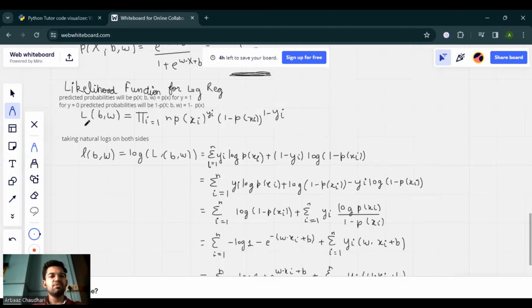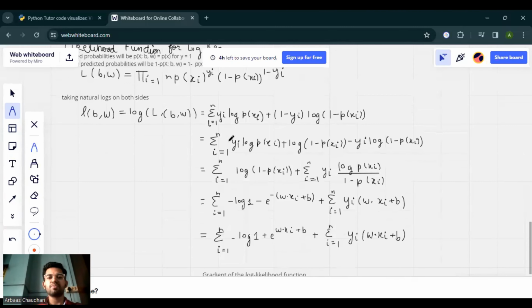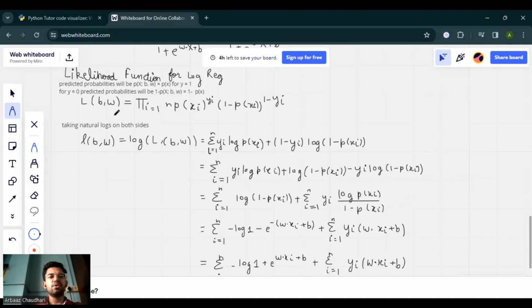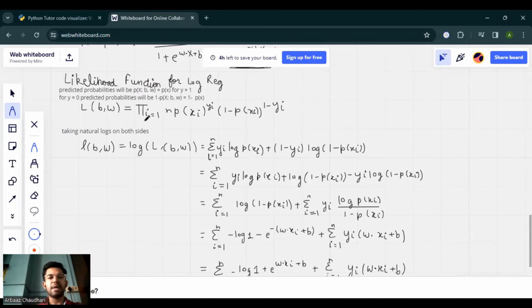Okay. So the likelihood function which we saw in the theory part is also applied. So likelihood of bias and weight is equal to the product over i of p of xi raised to yi, times 1 minus p of xi raised to 1 minus yi. Okay, so this is the likelihood applied to the weights and biases.